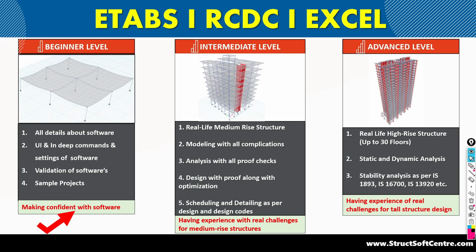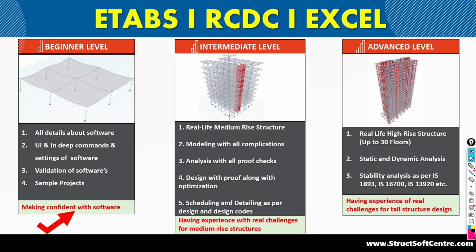No guys, it is one training in which we are going to cover 3 levels, or we can say 3 chapters: beginner, intermediate and advanced. In this training program itself we are going to cover all these 3 levels in this time period of 2.5 months.